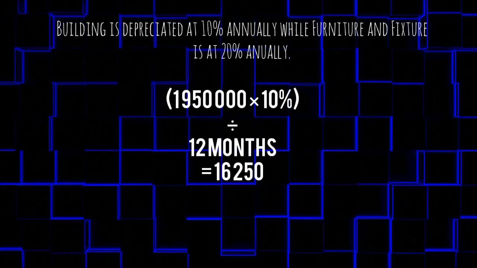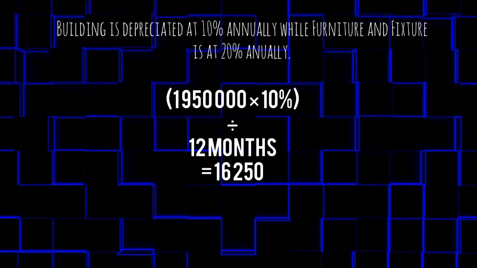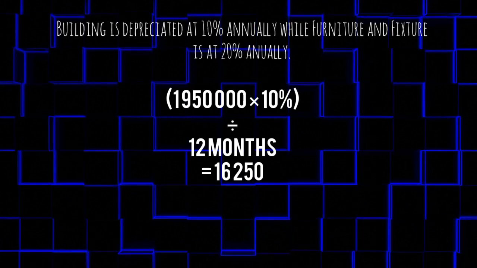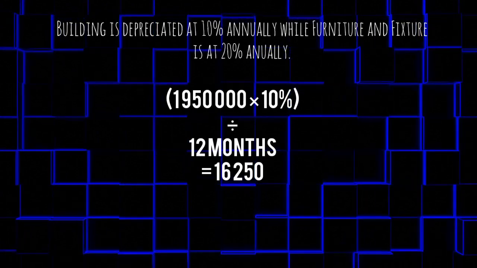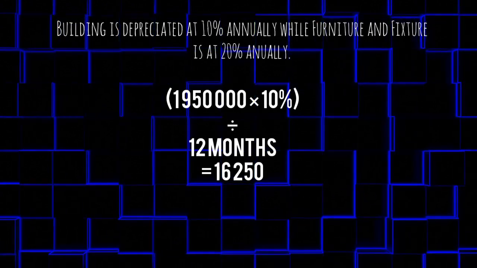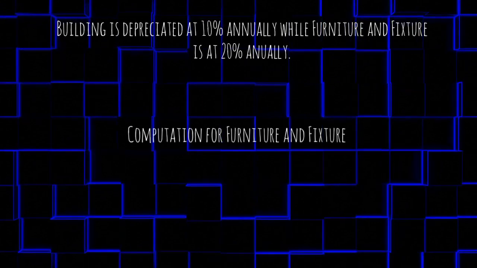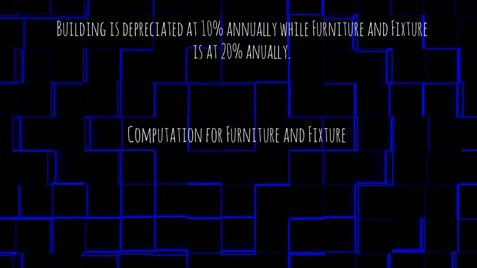Now divide it by 12 months and the result is 16,250. So each month, building is depreciated at the amount of 16,250. We will apply the same process for the furniture and fixture.